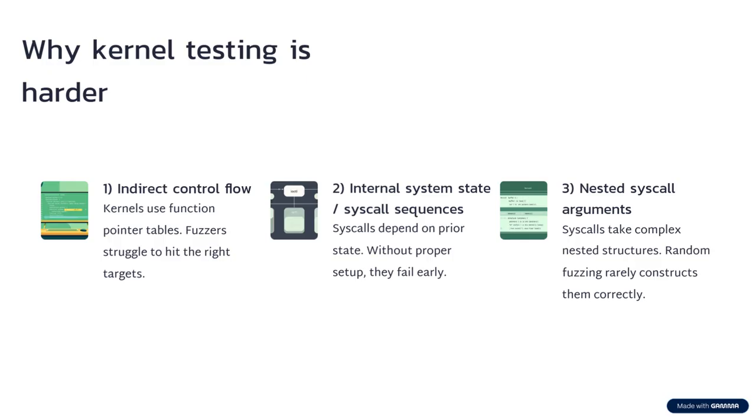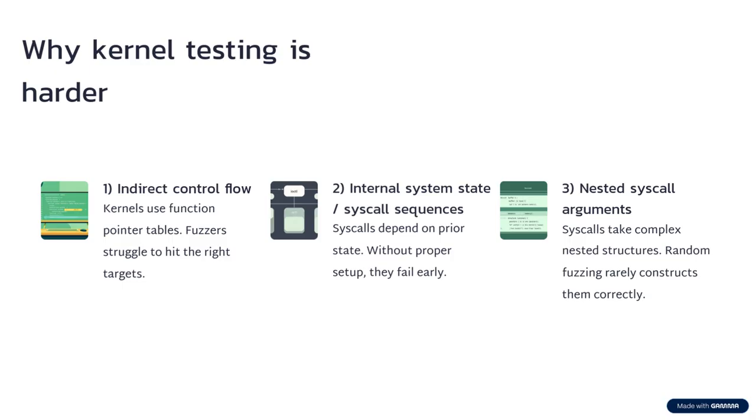So without understanding that memory layout, fuzzing can build invalid inputs that fail before reaching that deeper condition or deeper logic. So execution can just stop early because of these issues. Those are some of the issues that come up with kernel testing.